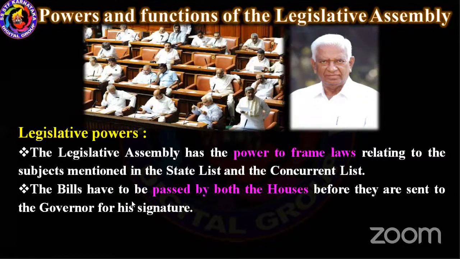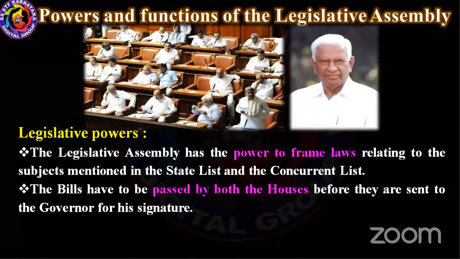The bills have to be passed by both houses. Whatever bills they make on a subject of the state list or concurrent list, they should pass through both houses.